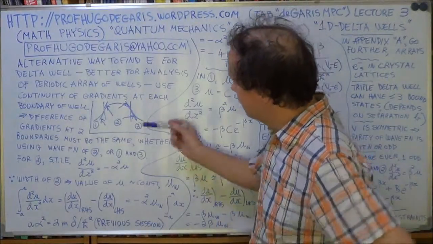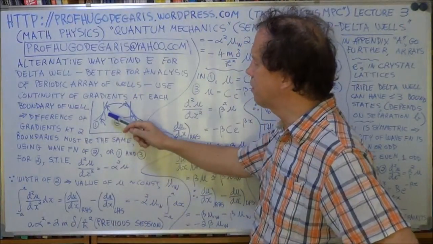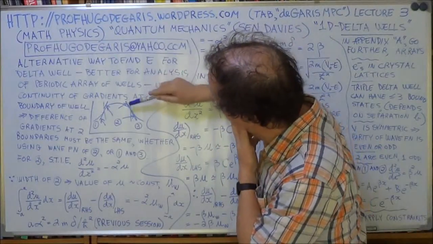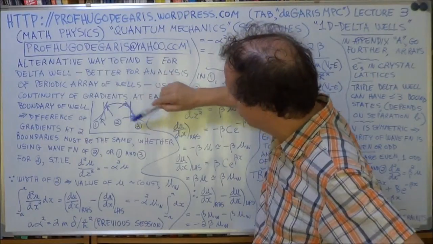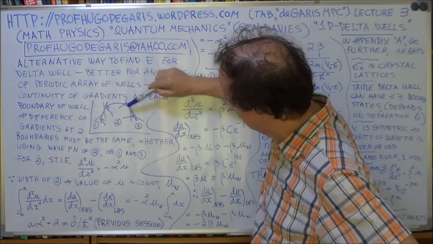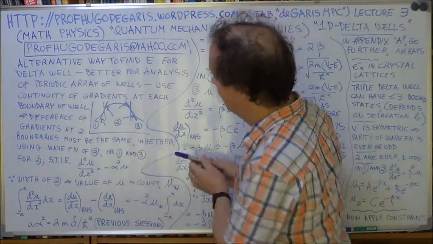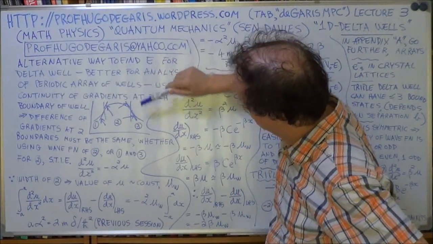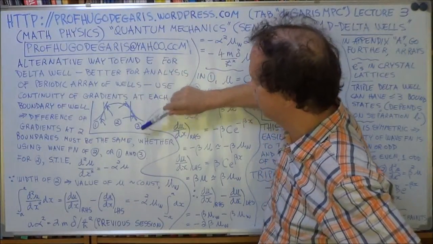All right. So in this case, for this second method, we will use the continuity of the gradient. Let's say on the right-hand side, on the barrier between region 2 and 3, the gradient of this wave function, infinitely close to the barrier on the left side, has to be equal to the gradient of the wave function in region 3.